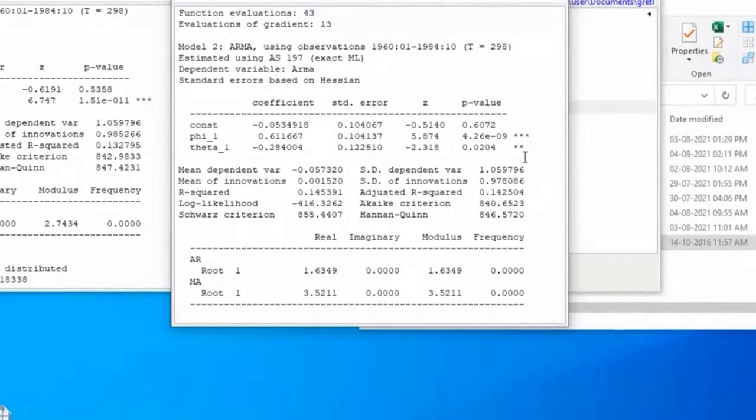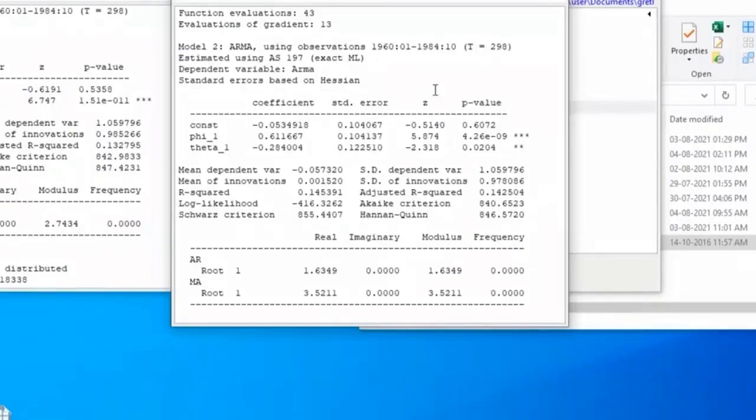We can download and install them. Then that will identify the order of the ARIMA model. So this particular case I am taking just to show how difficult it was earlier to identify and estimate a particular ARIMA model.